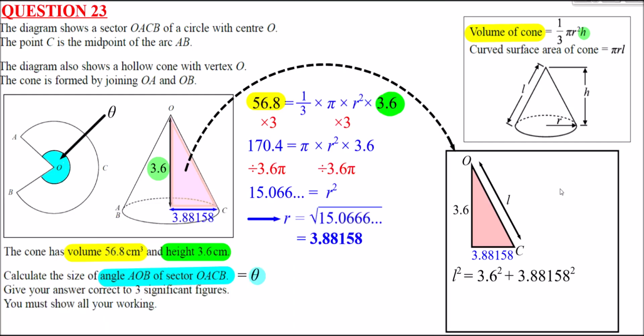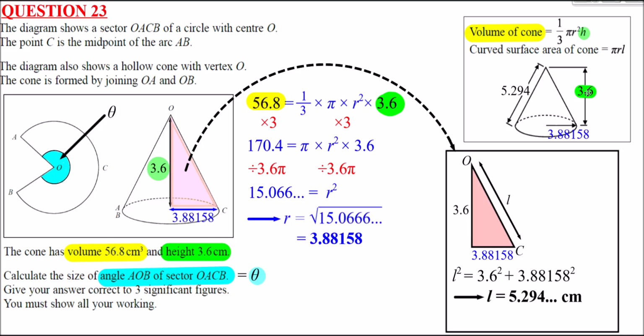So therefore, L is 5.294 and so on centimetres. So now we know the slant height, we worked out the radius, and we know the height of the cone as well. So L, R and H we can get rid of and replace those with the actual values. The radius of the cone was 3.88158, the slant height we've just worked out, which is 5.294, and the vertical height of the cone is 3.6.